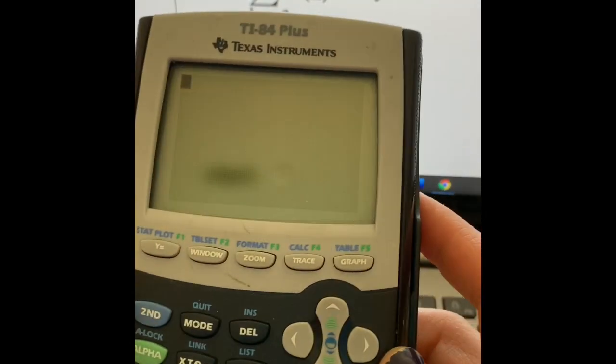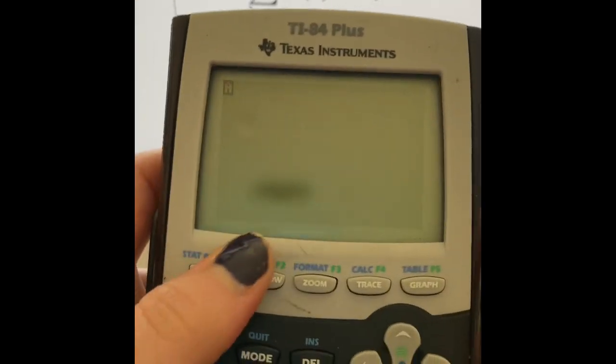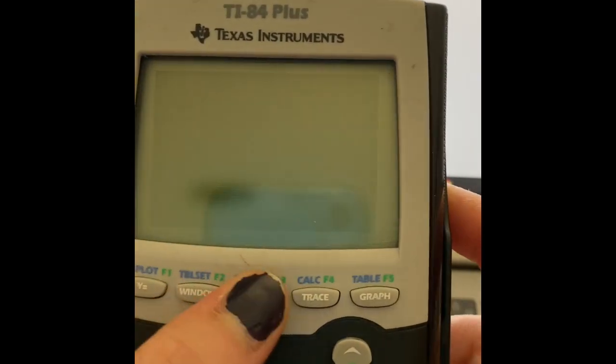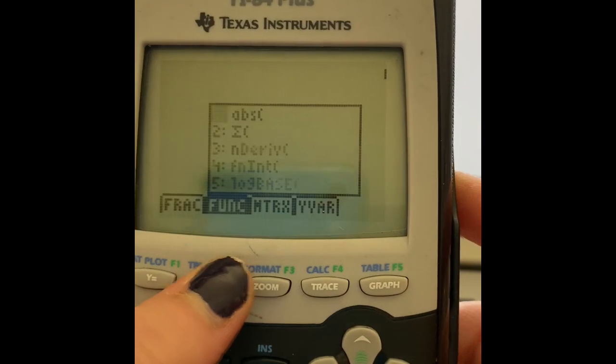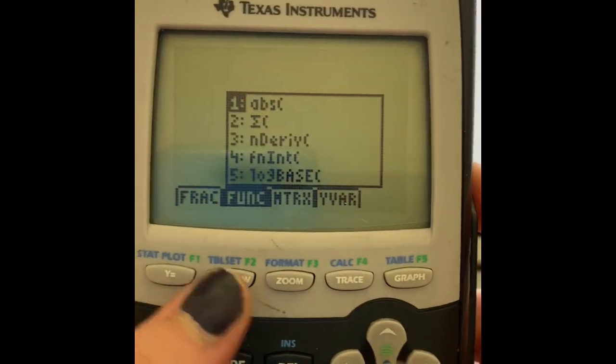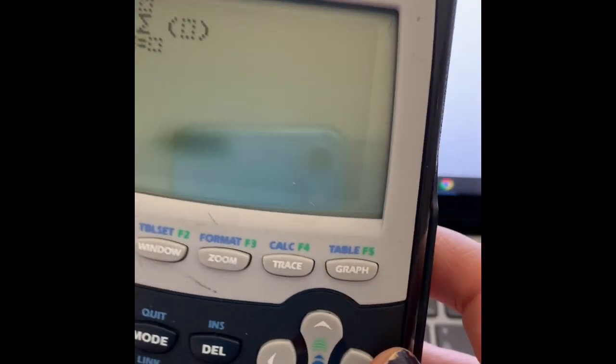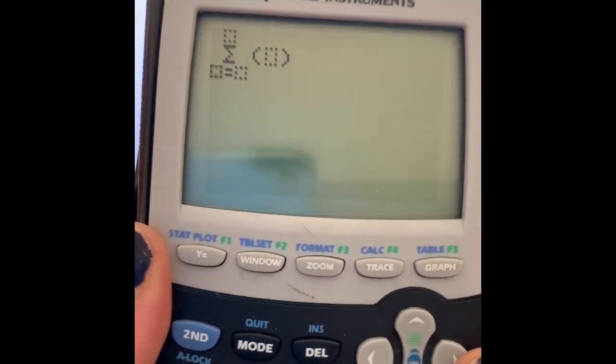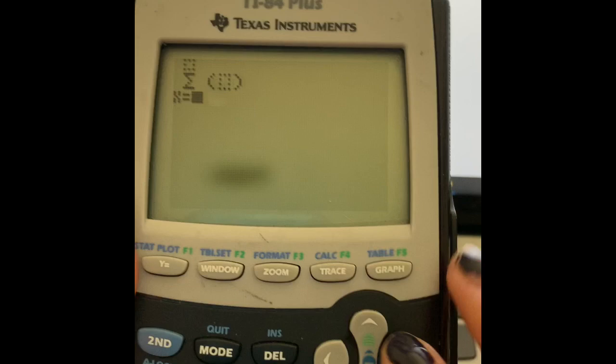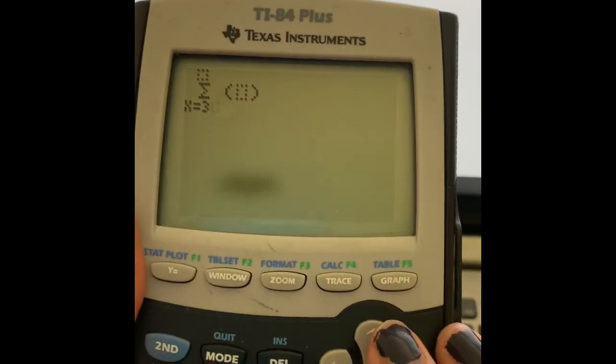If we're plugging it into the calculator, remember you're going to hit alpha, and the buttons up top are those hidden windows. If you hit alpha window and go to the second one, that gives you your sigma notation, and we're going to plug it in. Remember, you plug in the variable as x, so x is equal to 3.